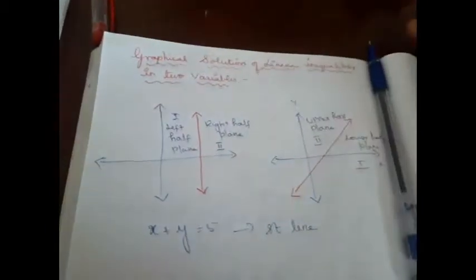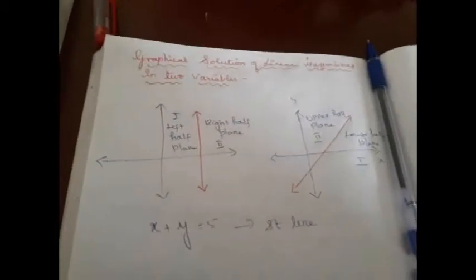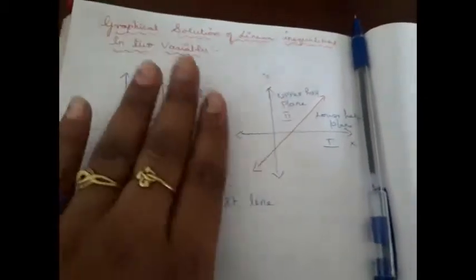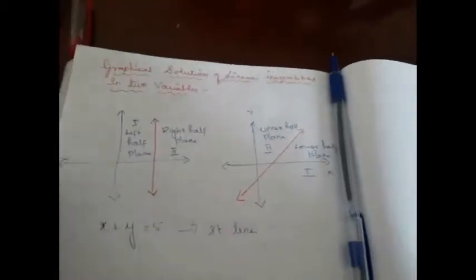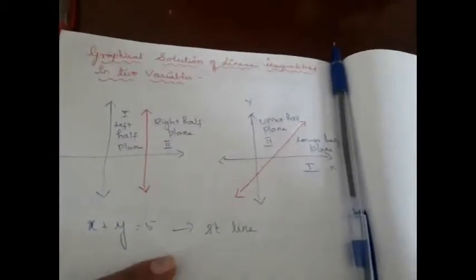And if it is an equation, we know every point on the line is going to give you a solution. But here we are going to deal with an inequation, which means it can be either less than or equal to, or greater than or equal to, which means this region or this region, the same way the upper region or the lower region. How do we find out which region will be the solution region for the given inequality?